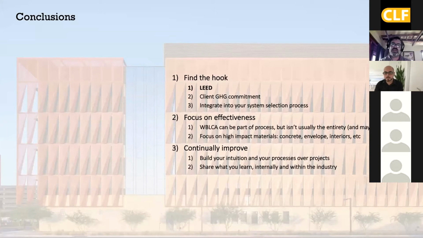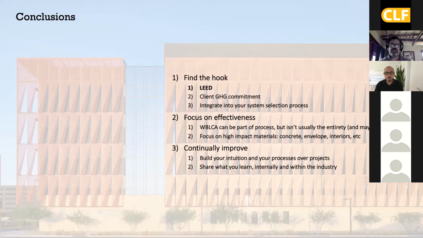ZGF works for a lot of institutional clients, so universities, we're seeing healthcare systems, also some in the business world, big companies, tech companies. So we can make a connection between doing LCA and their carbon commitments. And then, finding both useful and time efficient ways to integrate into the current system selection process.